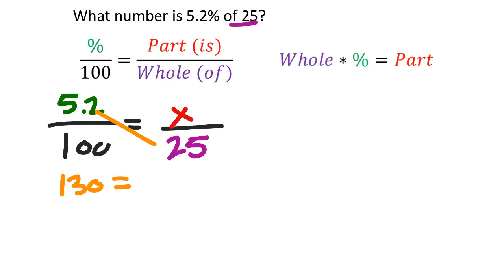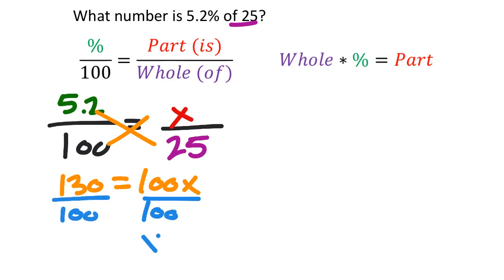I guess I skipped a step right there, and then 100 times x. So now divide both sides by 100. And that'll tell us what x is. And I'm okay with the decimal on this one just because we started with the decimal. If you wanted the fraction, that's okay. But I got 1.3. That one's pretty nice.